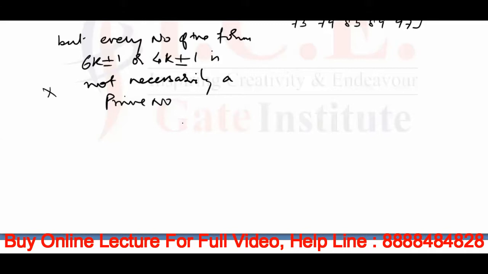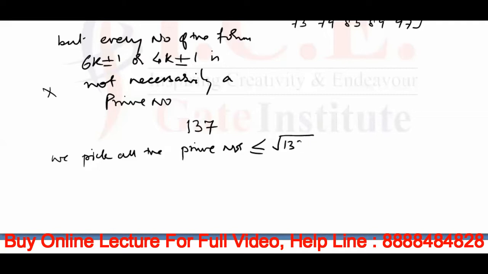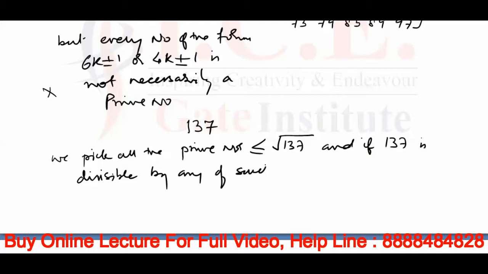Therefore, to check whether 137 is a prime number or not, we pick all the prime numbers less than or equal to square root of 137, and if 137 is divisible by any of such prime numbers, then it is not a prime number.